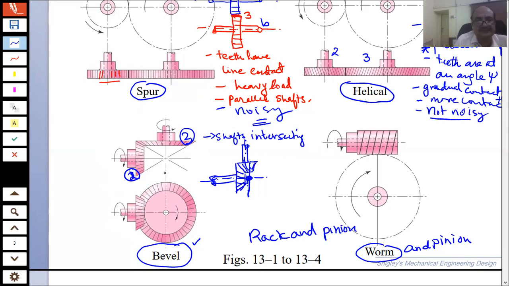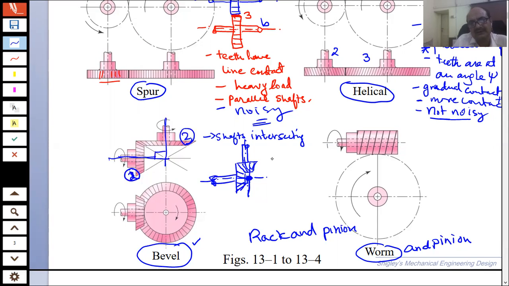It is not necessary that the angle between these two gears, as shown in this figure, is 90 degrees. It can be any angle.